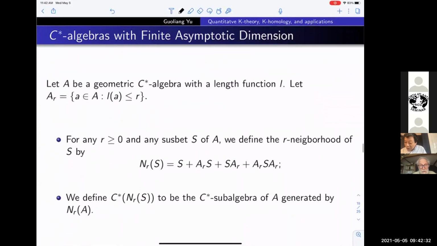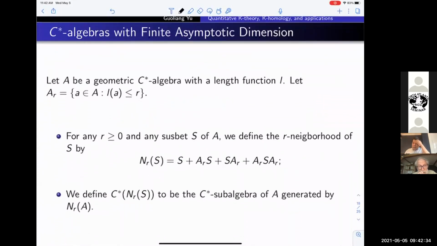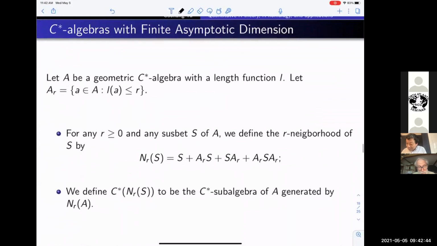Okay, so now Avi and I wanted to generalize this concept to general geometric system algebras, trying to make sense of what an asymptotic ideal is.